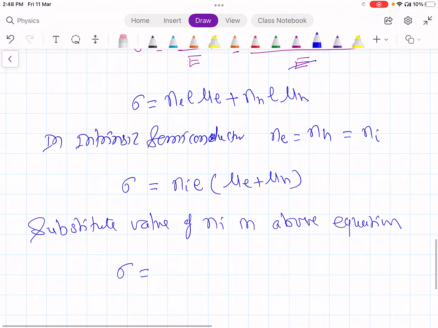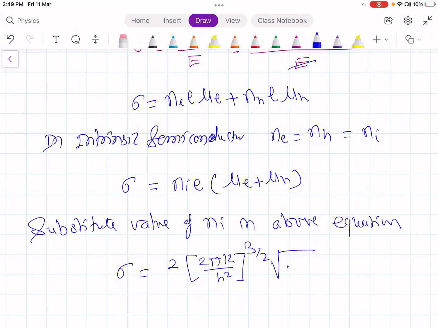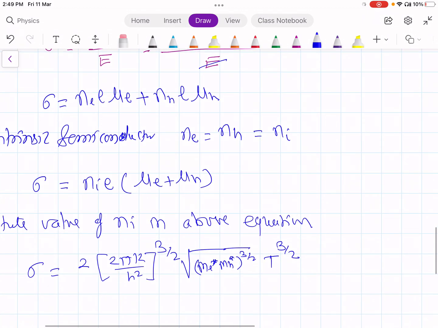We get sigma equals, then we know that Ni is 2 into 2 pi k upon h square raised to 3 by 2 into square root of me star mh star bracket raised to 3 by 2 T raised to 3 by 2, into e raised to minus Eg upon twice kT.